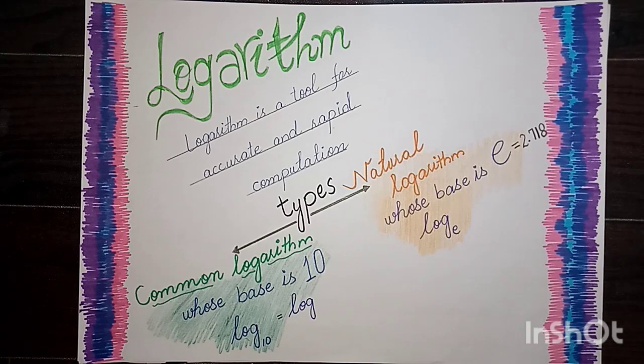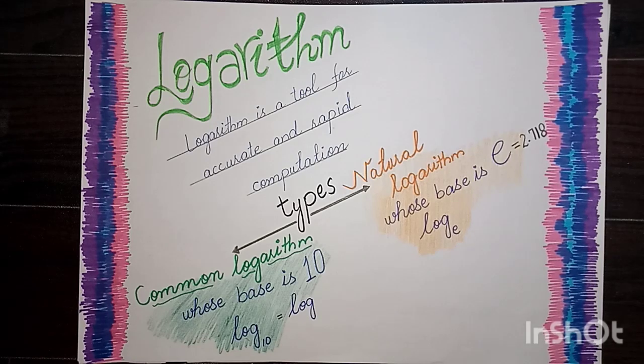Viewers, there are so many numbers that we use in science and technical work that are either very small or very large. For example, the distance from the earth to the sun, and a hydrogen atom weight in grams. So while we will write these numbers in an accurate form or in a very small and manageable scale, then logarithm will help us.